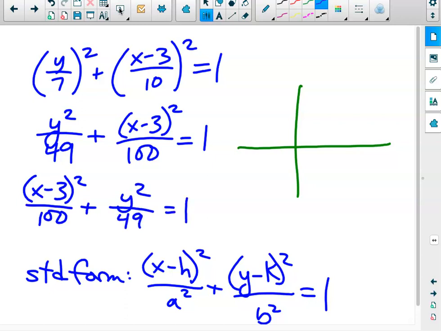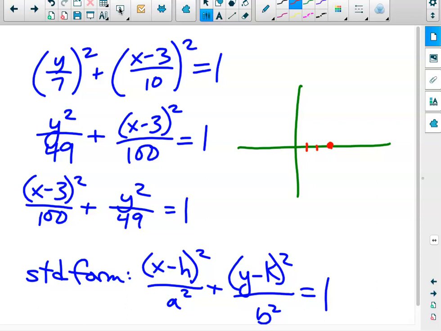All right. What is the center of this ellipse? 0, 3? Close, not 0, 3, but 3, 0, right? 1, 2, 3. There's your center. Okay, so how far from the center am I going to go left and right? 10.